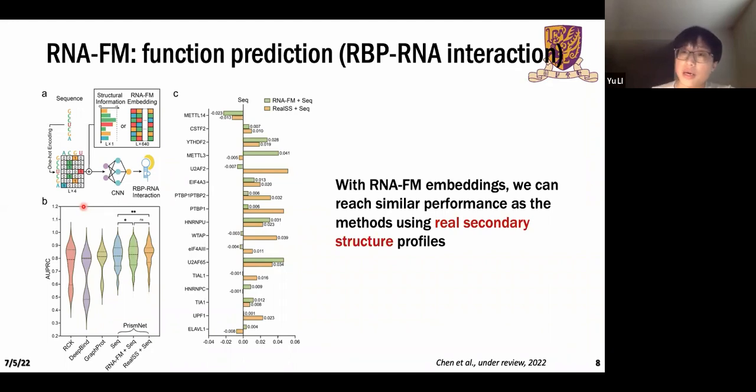Here we compare our method against those methods, and we found that with the RNA Foundation Model embeddings, we can reach similar performance as those methods which use the real secondary structure profiles from wet experiments. Notice that our method is a purely computational method. We didn't use any information from wet experiments. However, we can already reach similar performance to methods with some input from wet experiments.